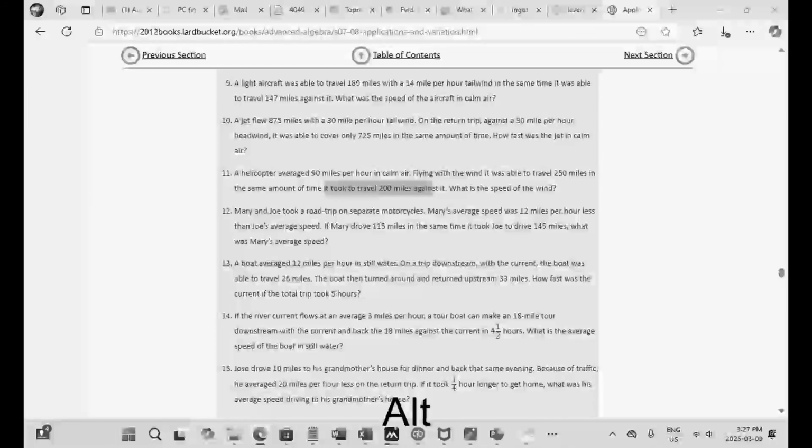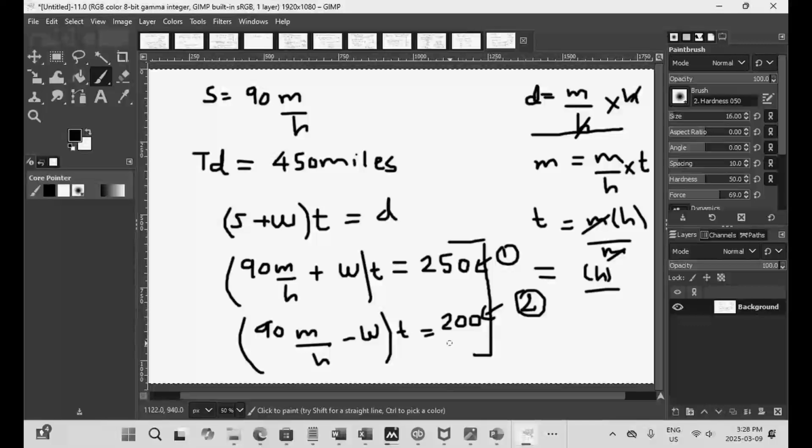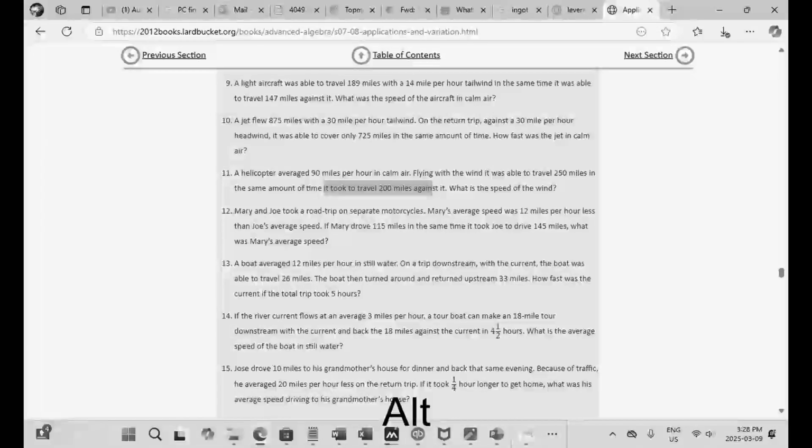So when it's traveling against the wind, it travels 200 miles. So we have these two equations over here. This is equation number 1, and this is equation number 2. What do we do with all these variables? We need to figure out the speed of the wind, which is W.